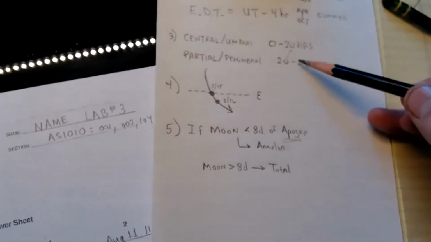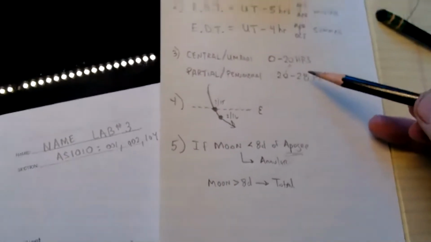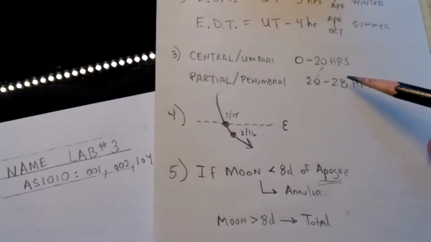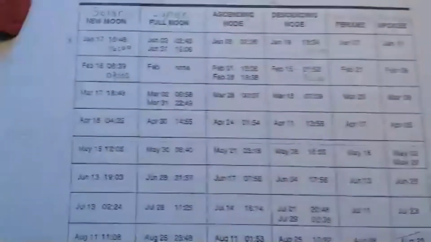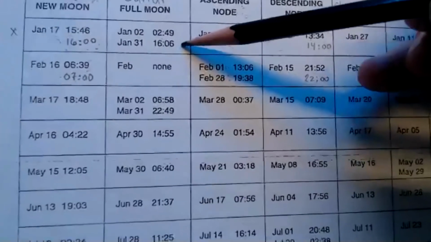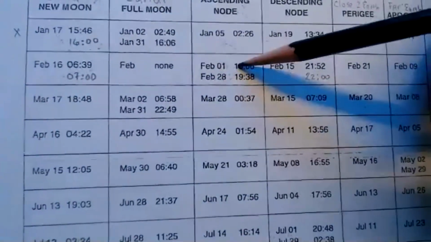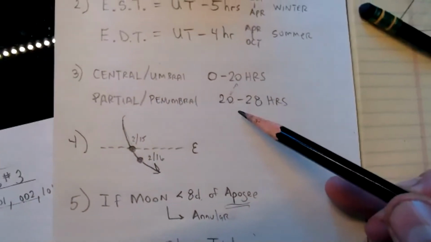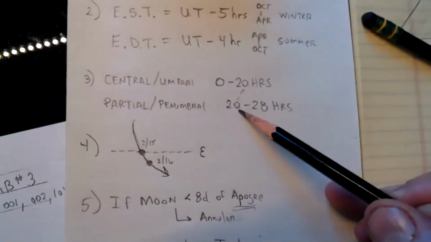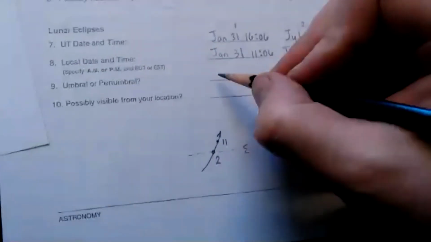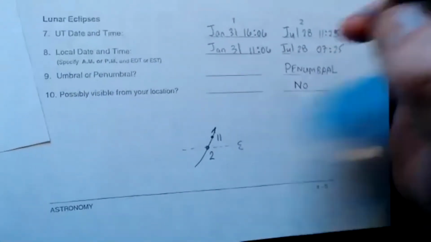Umbral or penumbral? How many hours apart were these guys? Is it umbral? Well, this was 8 hours plus 13 gives us 21. Oh, so it's penumbral? Yeah, I guess.